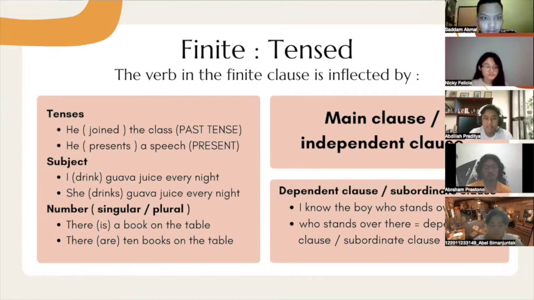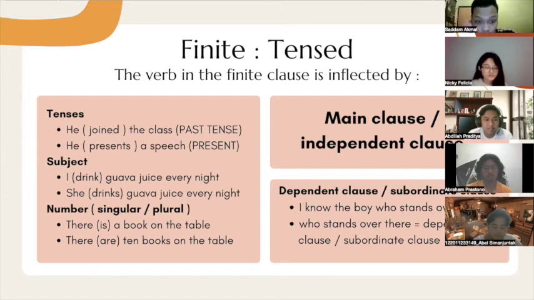The first word, drink, is different from the second, that is drinks. The first, I drink, does not change because the subject is I, while she drinks changes because the subject is she. So it becomes she drinks, which comes from drink with an added s behind it.